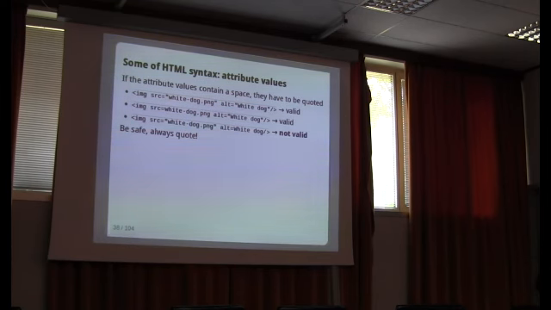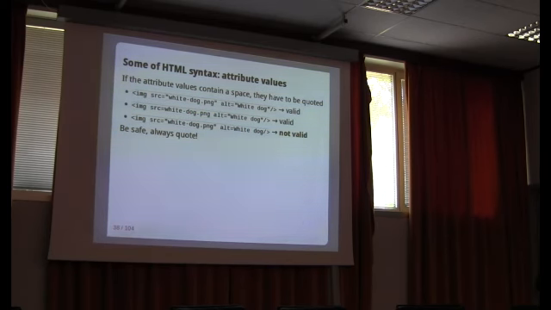First and second line are valid examples, because in the first line there is an attribute value without spaces and another with spaces, and they are both included in quotes. In the second line you see the first one without spaces without quotes, and the second one with spaces with quotes. This is okay.